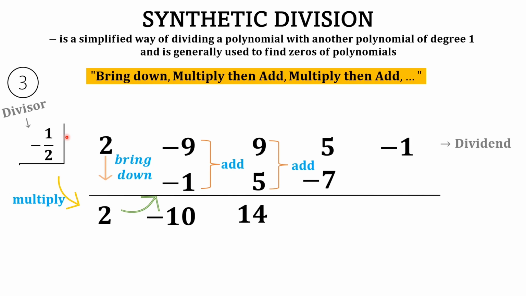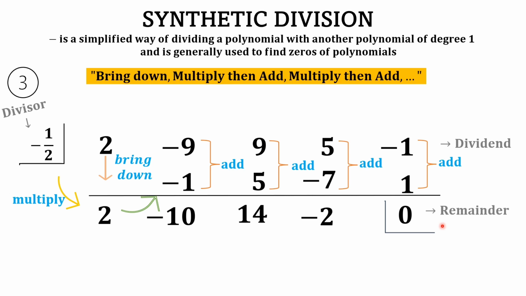That is negative 7. Write it below 5 and then add them. That is negative 2. Multiply it with negative 1/2. Write the product below negative 1 and then add them. Write the answer below them. That is the remainder. The coefficients of the quotient are 2, negative 10, 14, and negative 2.